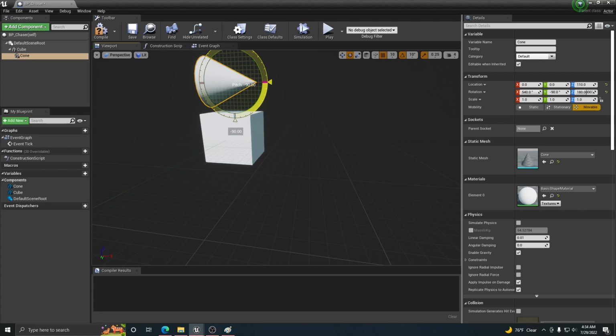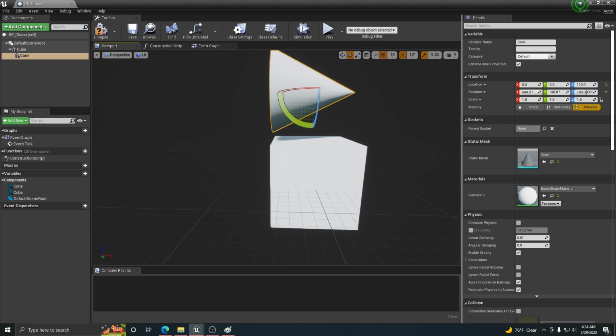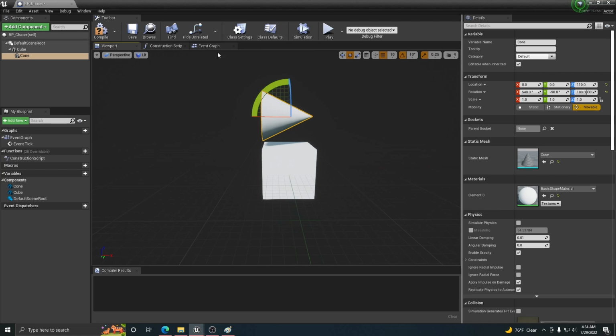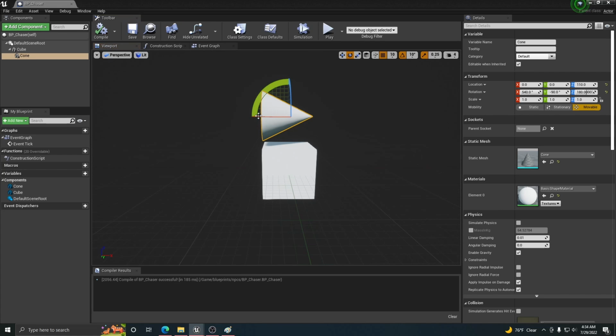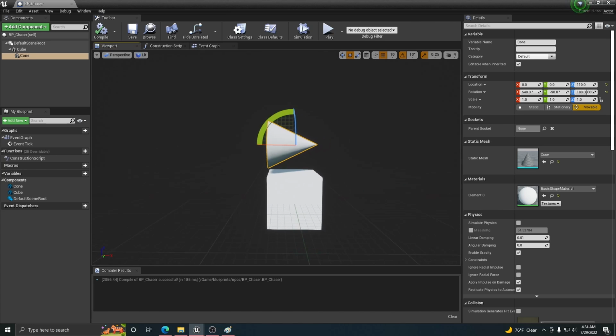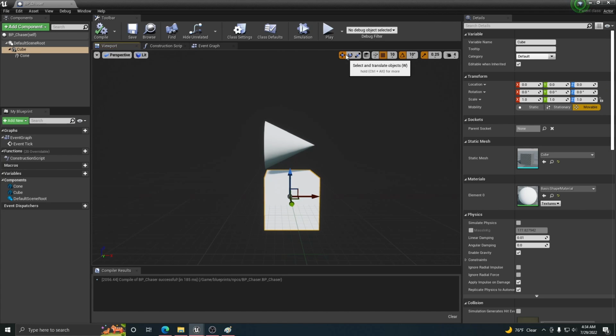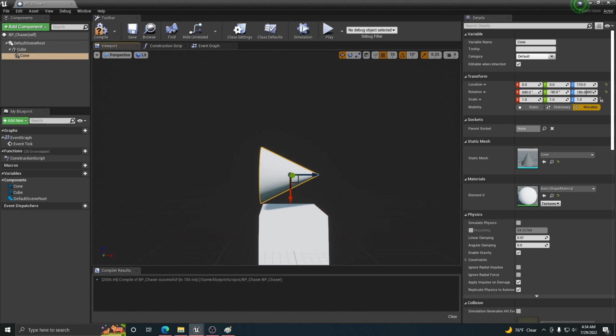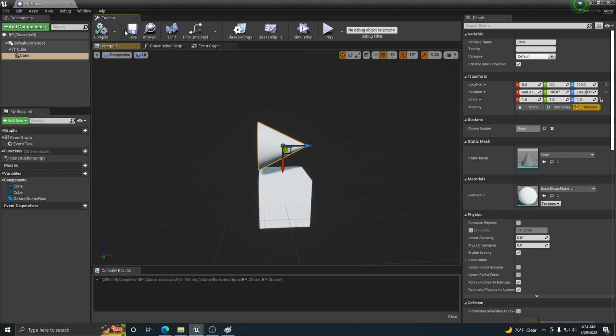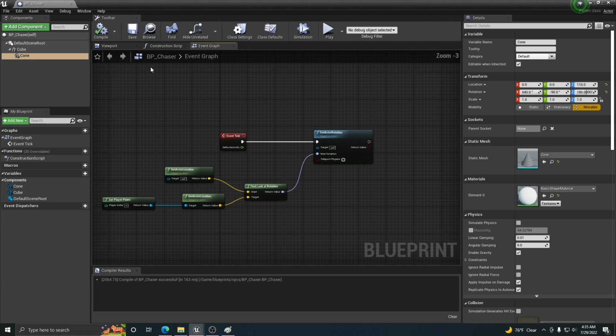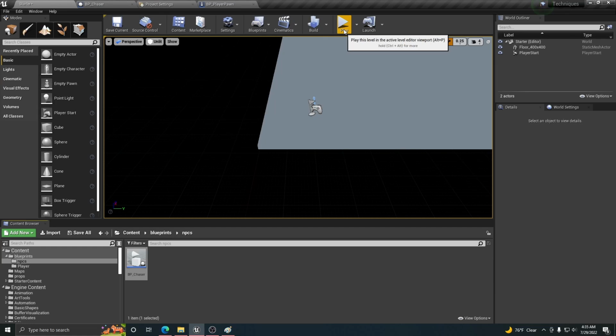The cone would just be used to tell the chaser what its front axis is. That's why we put a cone in, so I can tell where its forward vector is, which is where the cone is facing. And that function in itself should allow us to see where the player is going, I guess.